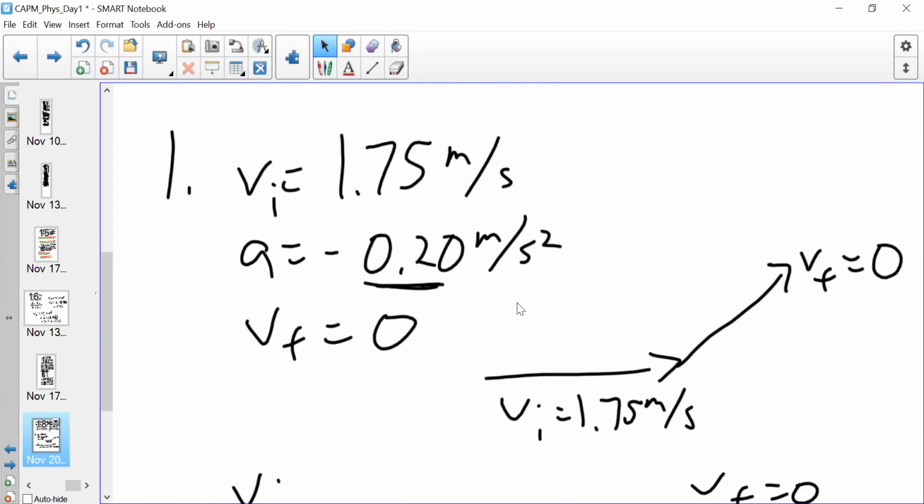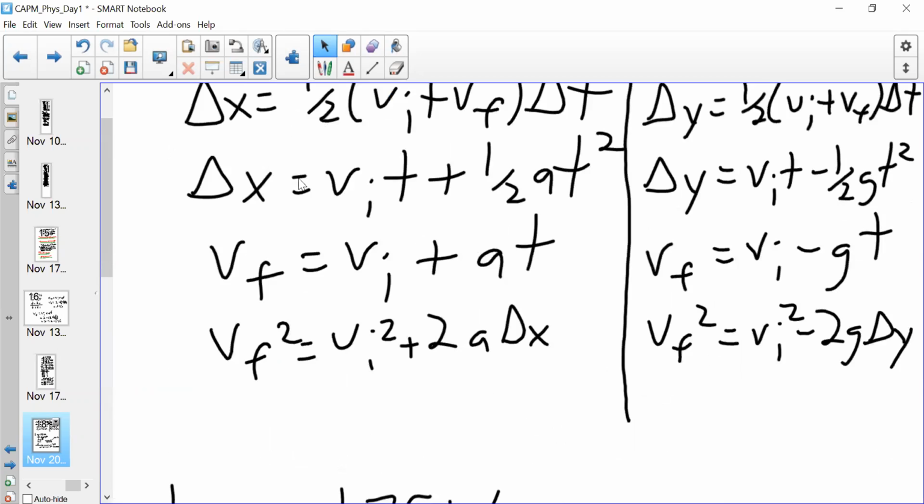Which of these 4 equations in the x-axis would be most appropriate to find time? Would it be VF equals VI plus AT, because we have everything except the T?